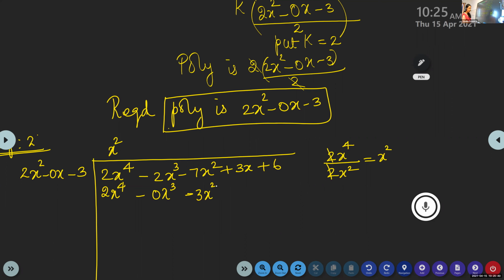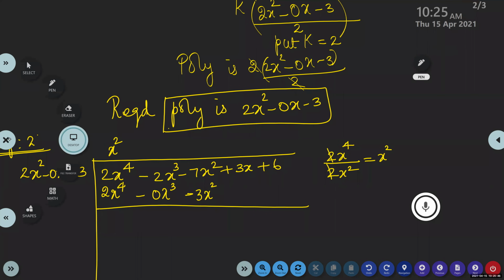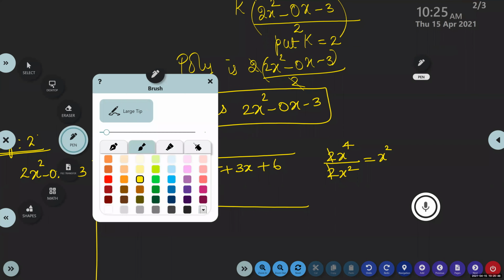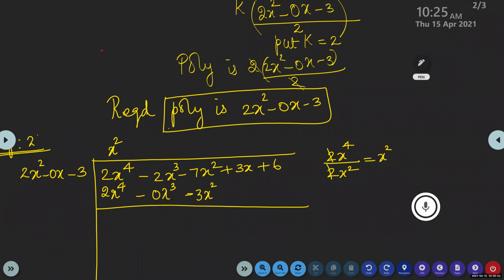Up to this, is it okay? We are multiplying and writing. The next step, we will change the sign. If it is positive, we will write negative. If it is negative, we will write positive.